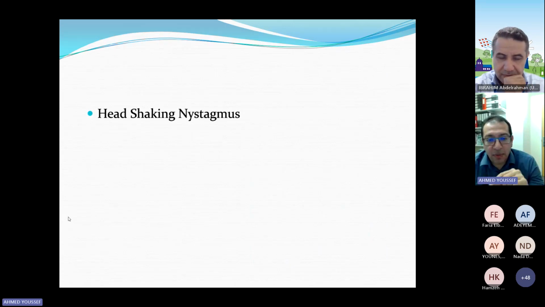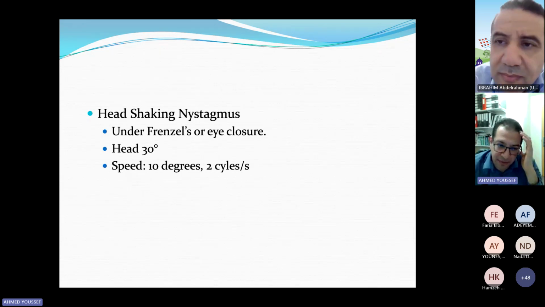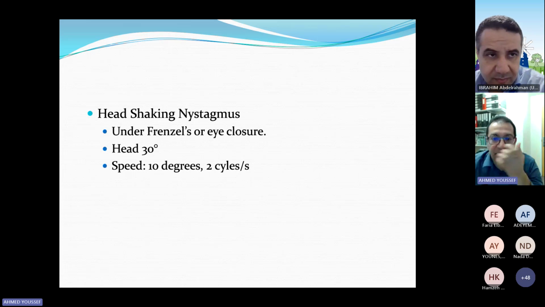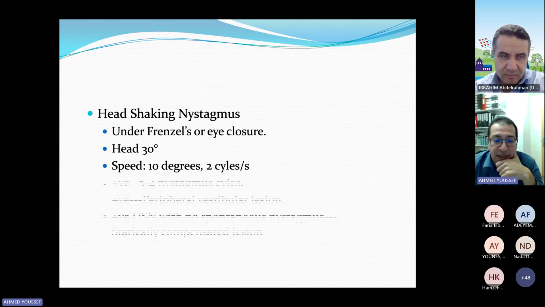Okay, then we move into looking for the signs of peripheral vestibular lesion or deficit, the head shake nystagmus. So the head shake nystagmus could be done under Frenzel's or eye closure, and you basically shake the head to both sides, 10 degrees, 2 cycles per second.